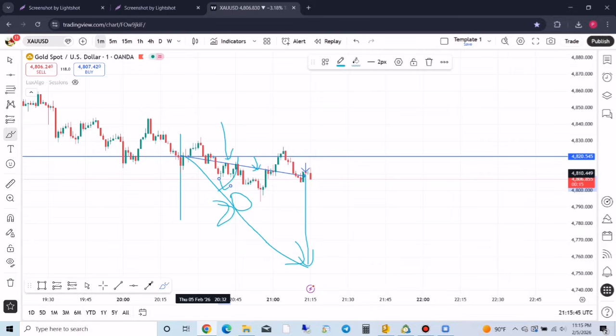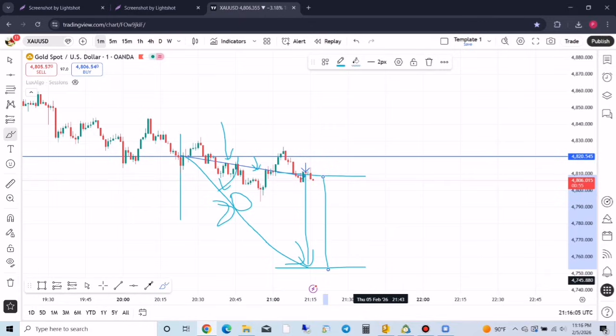Once the angle condition has been met, the EA must then measure the distance from here to here, and divide it into percentage. So from here to here will be equal to 100% if price spiked up to here. And then it must measure the pullback in percentage.